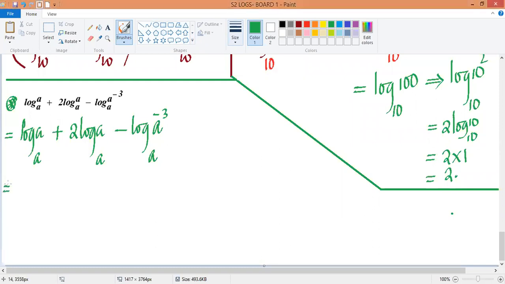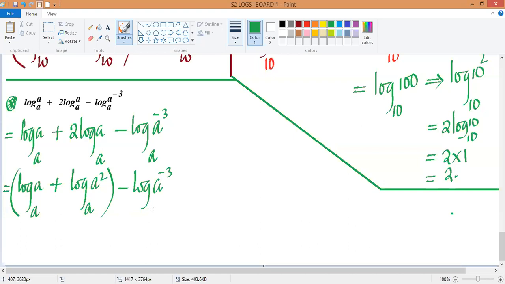Do we agree that this is the same as this? Someone can ignore the evaluation and first of all write it as log a squared base a minus log a to power -3 base a. And this becomes log a times a squared base a minus the log of a to power -3 base a.